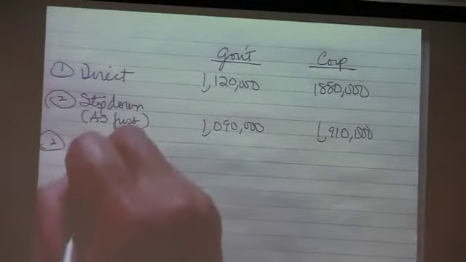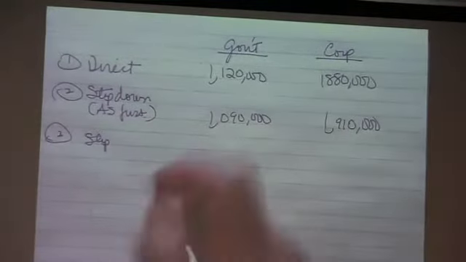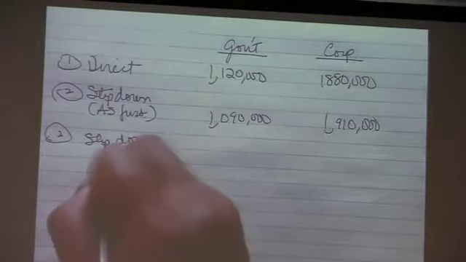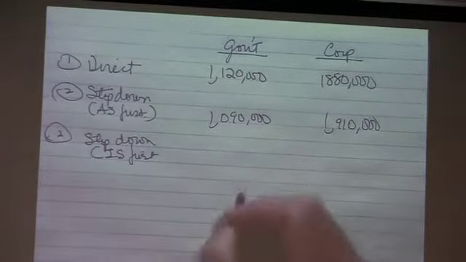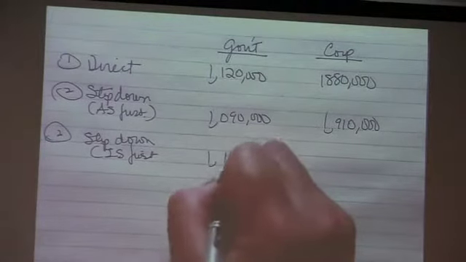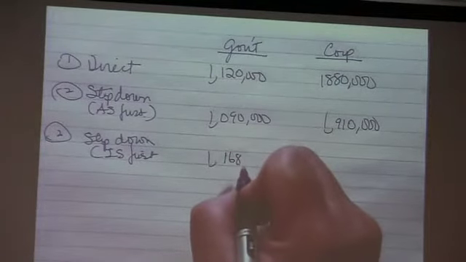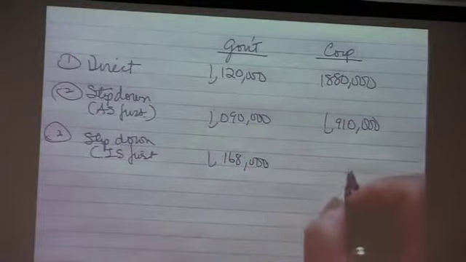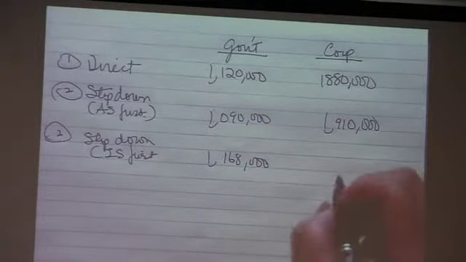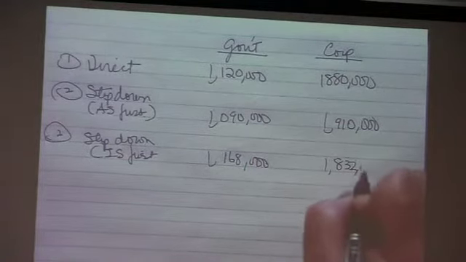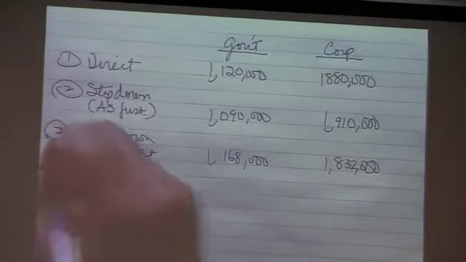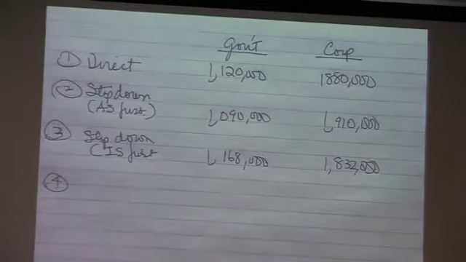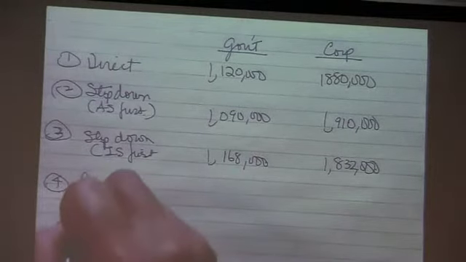The second step down that we did was the IS first. And the last one we did was the reciprocal method.